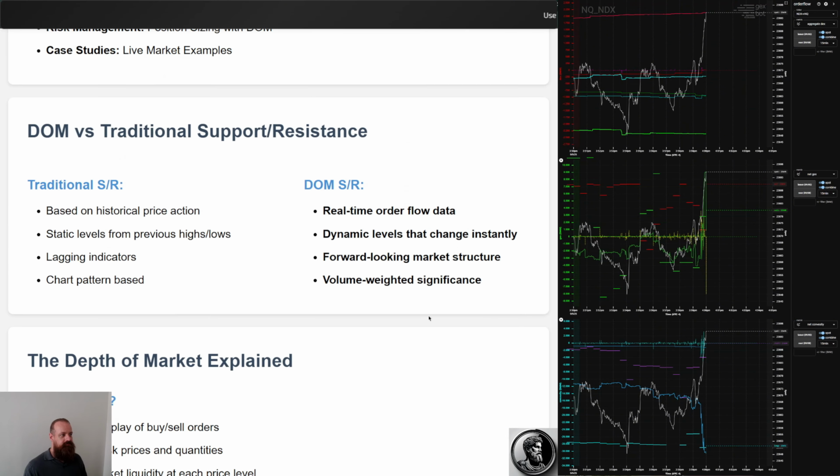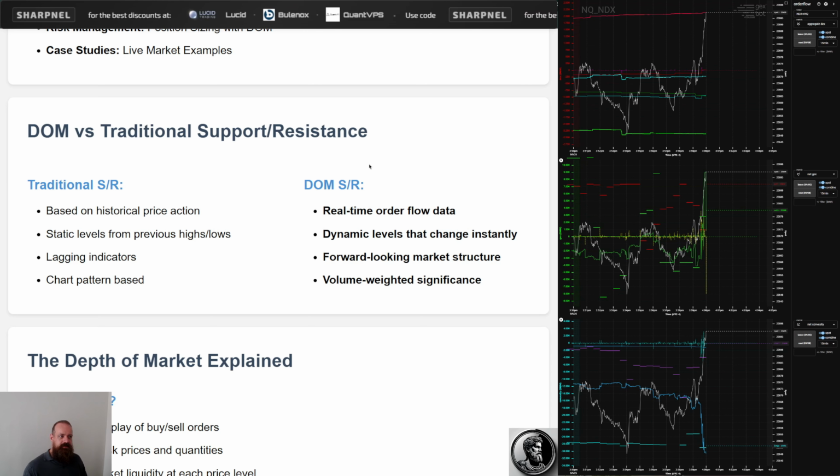Let's start with the DOM and the traditional support and resistance. Looking at the traditional support and resistance, you normally would take out a 4-hour chart or a daily chart, weekly chart, and you would mark down the high and the low. And they work. I have also done it in the past, and I sometimes still do it for certain symbols that aren't moving that fast.